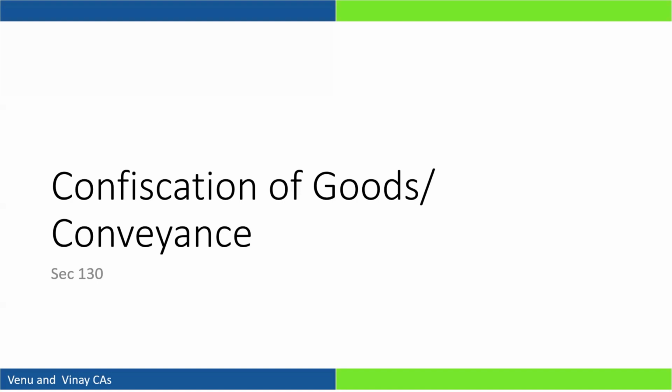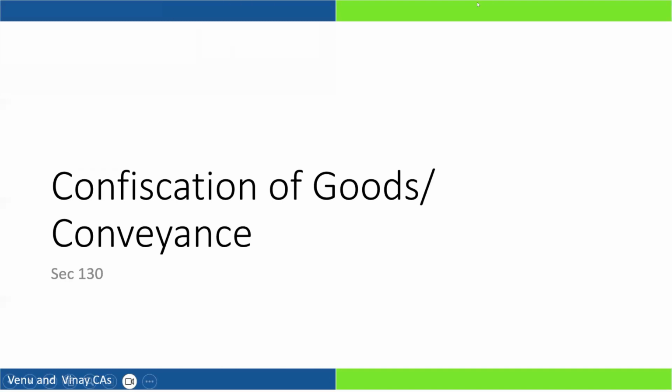Someone is seizing the goods: the goods are going out of my possession, but the ownership remains with me. Someone is confiscating the goods: the ownership is also getting transferred to the state. The state becomes the owner of the goods.